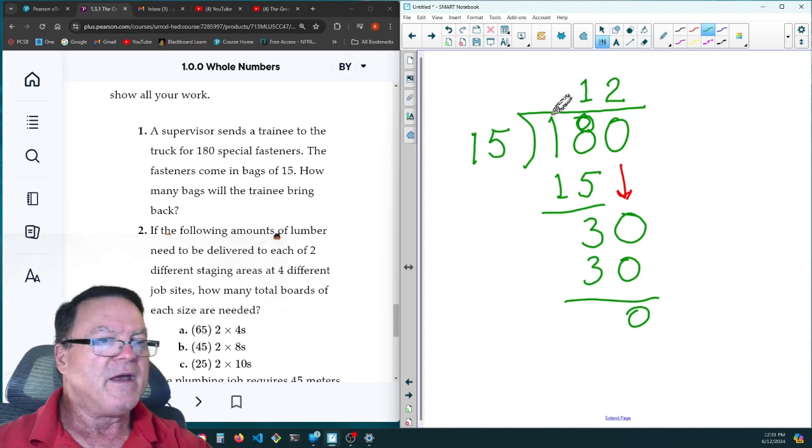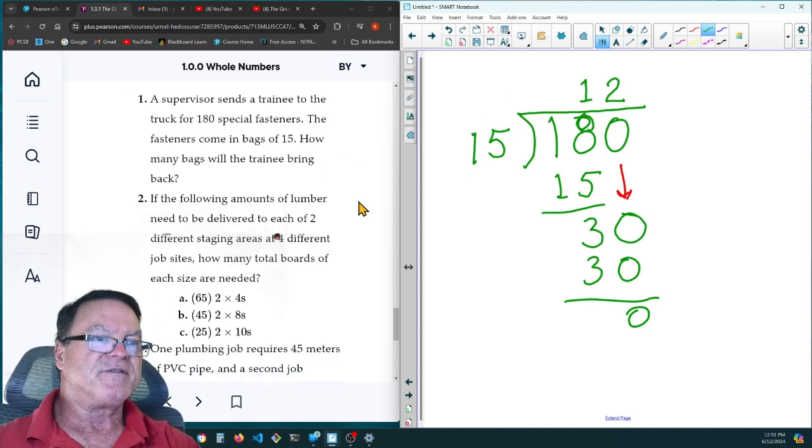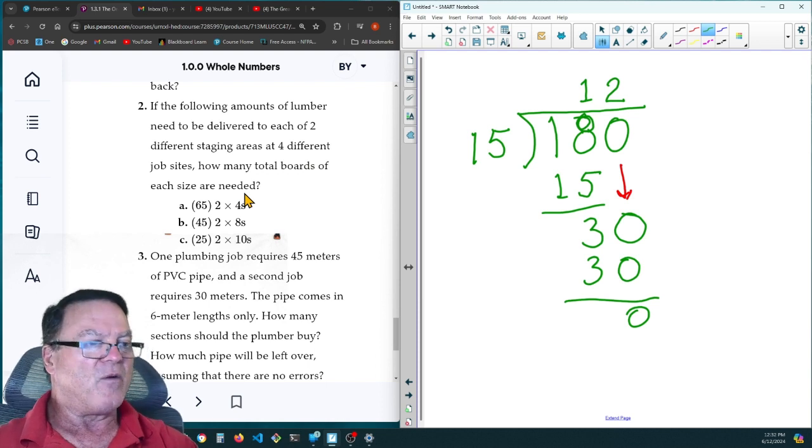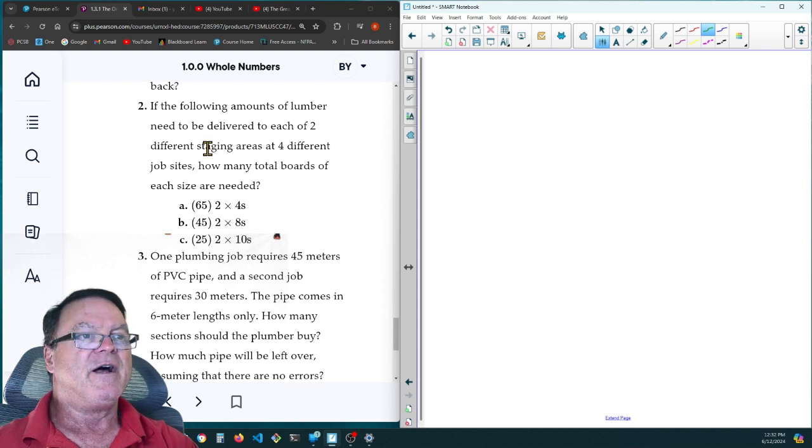So it says if the following amounts of lumber need to be delivered to each of 2 different staging areas at 4 different job sites, how many total boards of each size are needed? Well, let's stop and think about what they just said, because they've given us a lot of information here.